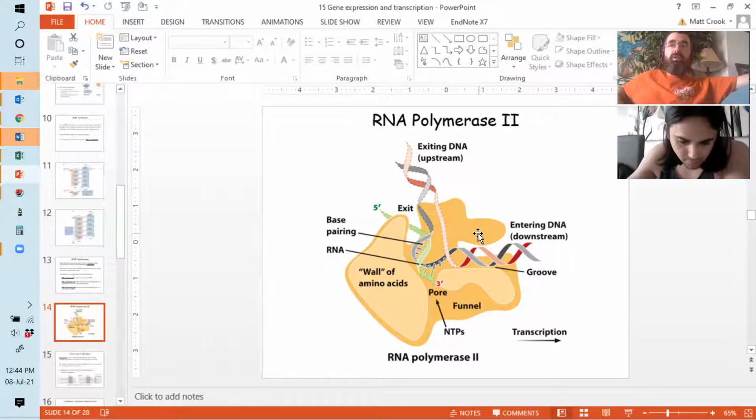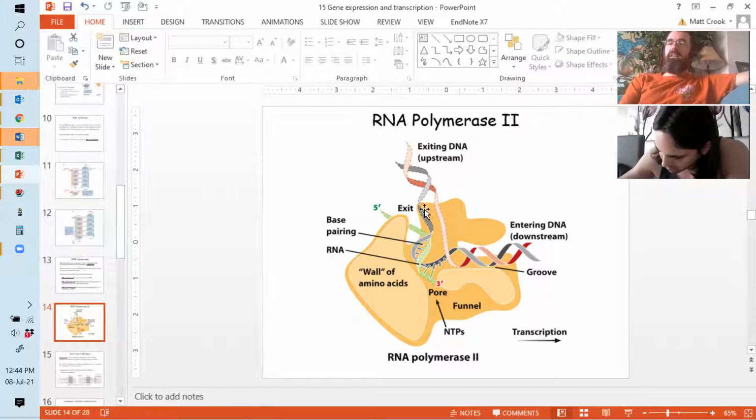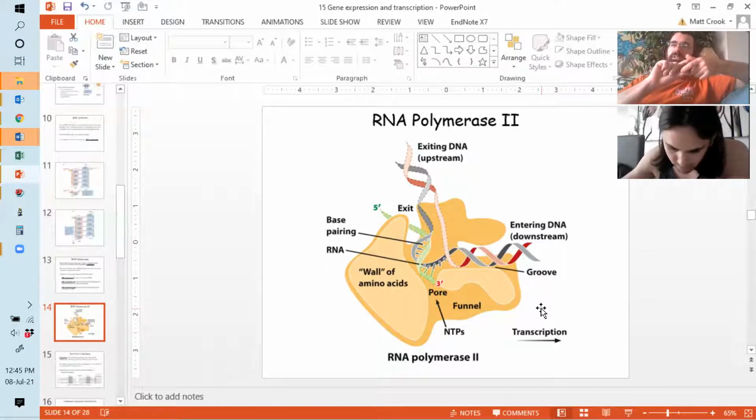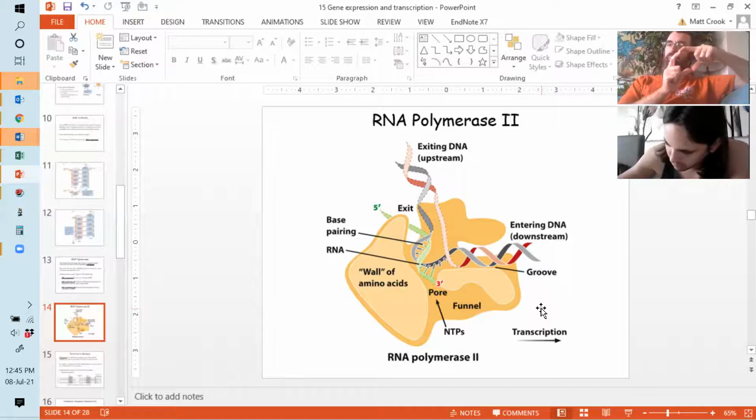That's essentially what RNA polymerase does. By bending the DNA in this almost 90-degree bend, it physically forces the double helix open into a bubble. And that bubble allows RNA nucleotides to come in and base pair with the template strand.